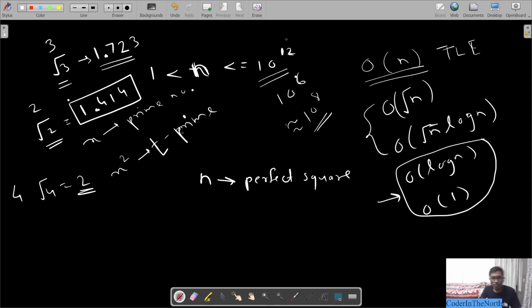So what we'll do is, given a number n, we have to check whether it is T-prime or not. So we have to check if it is a perfect square. If the answer is no, it means this number is not T-prime. If yes, then we'll take the square root of n.